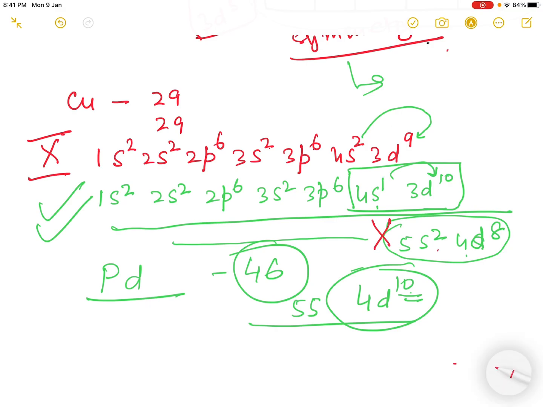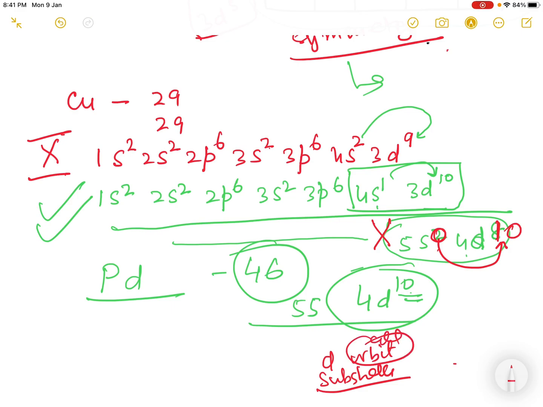So what happens is the 5s electrons come to 4d and make it 10, and all are in the d subshell. In the d subshell, all the orbitals are paired, and hence due to symmetry, this has more stability, with 5s0.